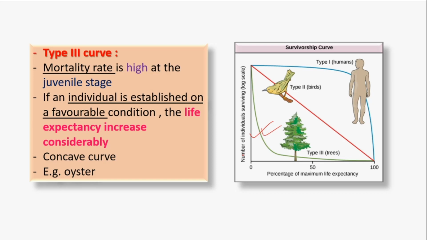But if one individual is established in favorable conditions, the life expectancy of this individual increases considerably. That's why the curve shows a concave-like structure, as you can see, and small plants like weeds also show this kind of survivorship curve. Here an example is the oyster.